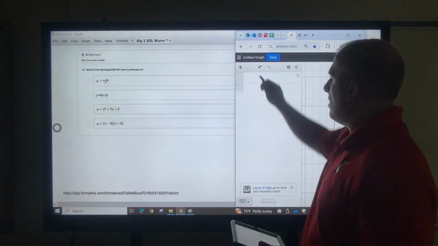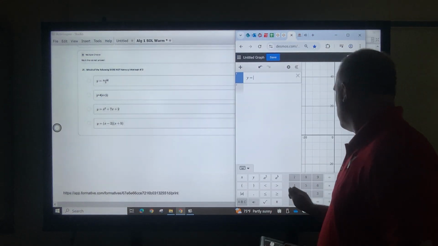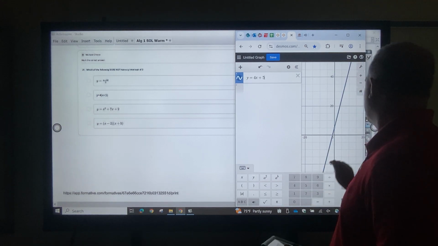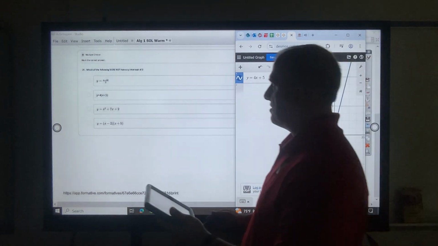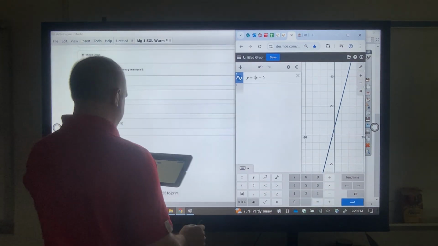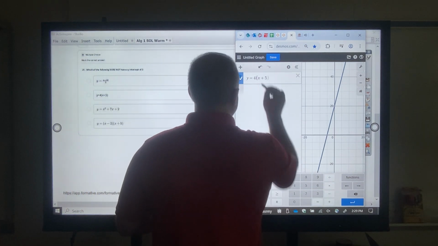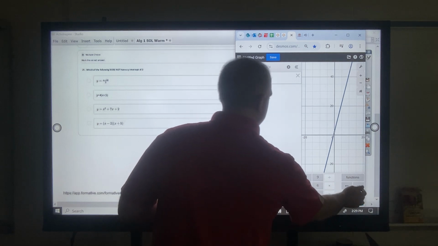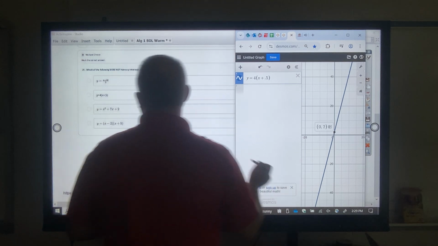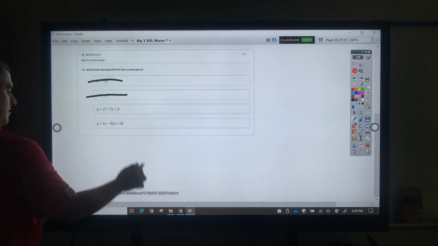Then I go to y equals 4x plus 5. Okay, that doesn't have a y-intercept of 2. Oh, it's 0.5, I'm sorry. And it's got a parenthesis, it's hard to see. 0.5. Oops, not 0.55. Close it. It does. So these are out.